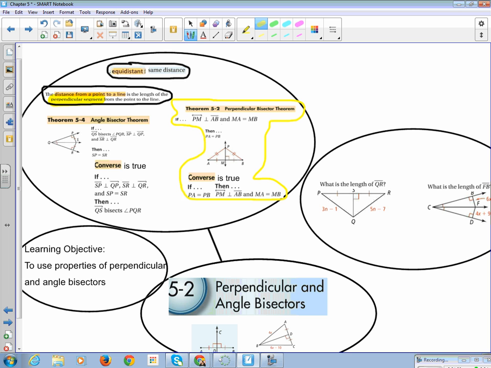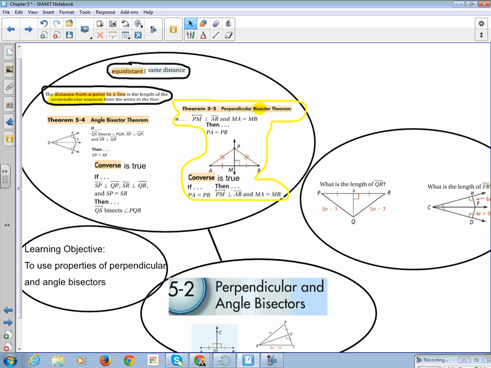All right. If we look at Theorem 5-2, it's the perpendicular bisector theorem. And the first thing I want you to do is make sure you have this picture, because this theorem makes no sense if you don't have the picture that goes with it. So I have PM cutting AB, line segment AB in half, and it's also perpendicular to PM.